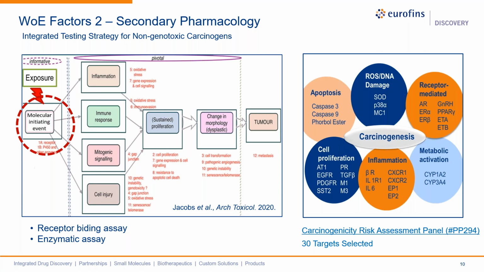Jacobs published a review article that outlines an integrated strategy for non-genotoxic carcinogens. It highlights that exposure to either the native chemical or its metabolite can trigger various cell responses related to carcinogenesis, like inflammation, immune reaction, cell division, and cell injury.